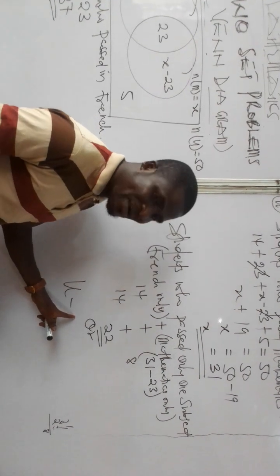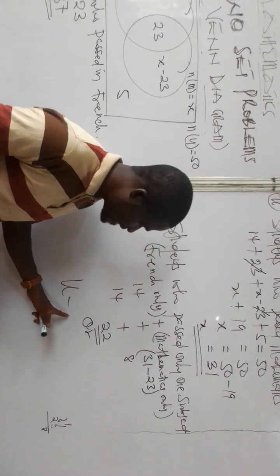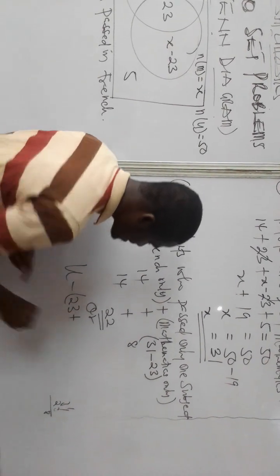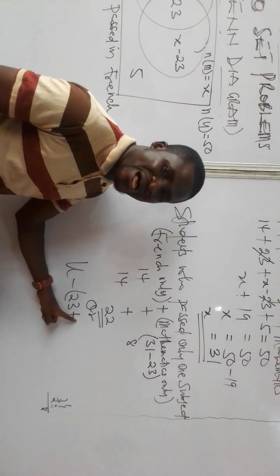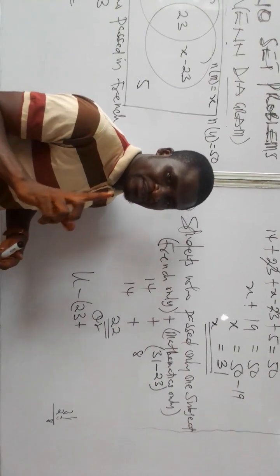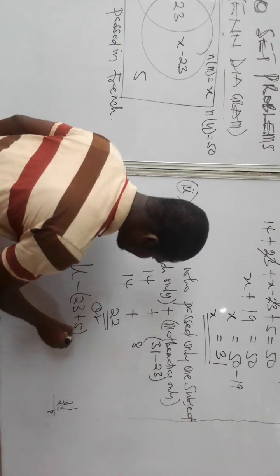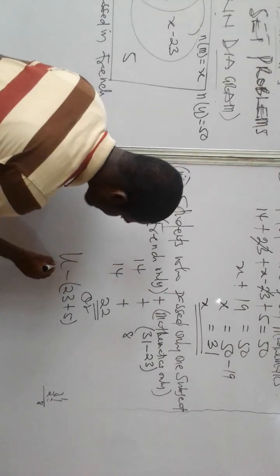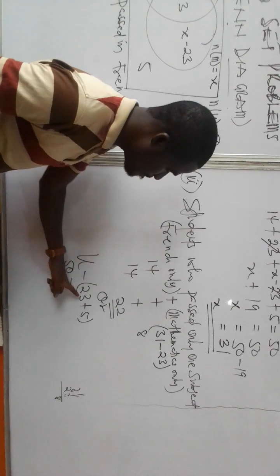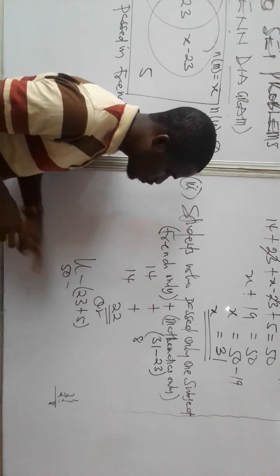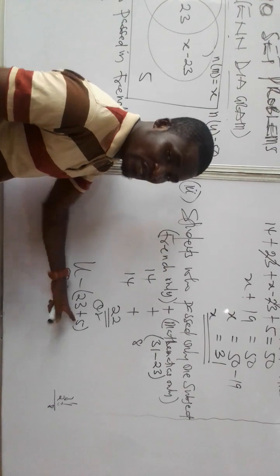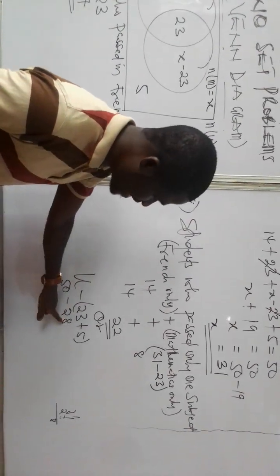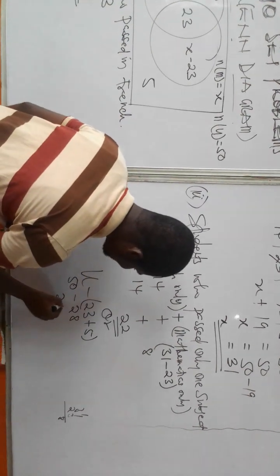We know those who passed both subjects were 23, plus those who did not pass any of the subjects, 5. Now, what's the total number of students in the class? There were 50. So 50 minus 23 plus 5, which is 28. So 50 minus 28 will give us 22.